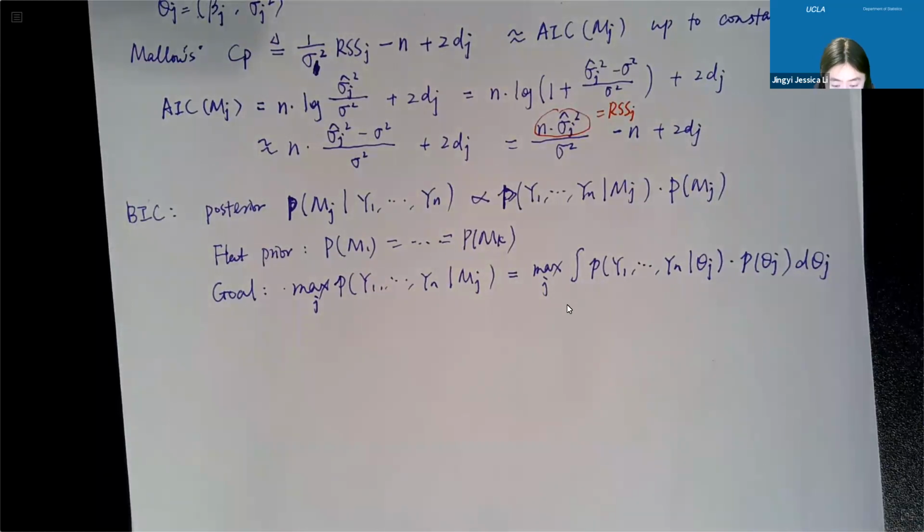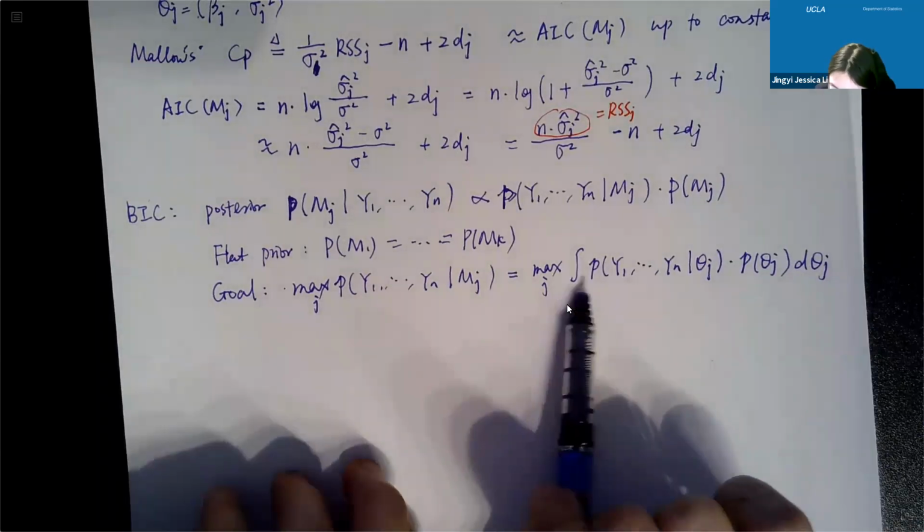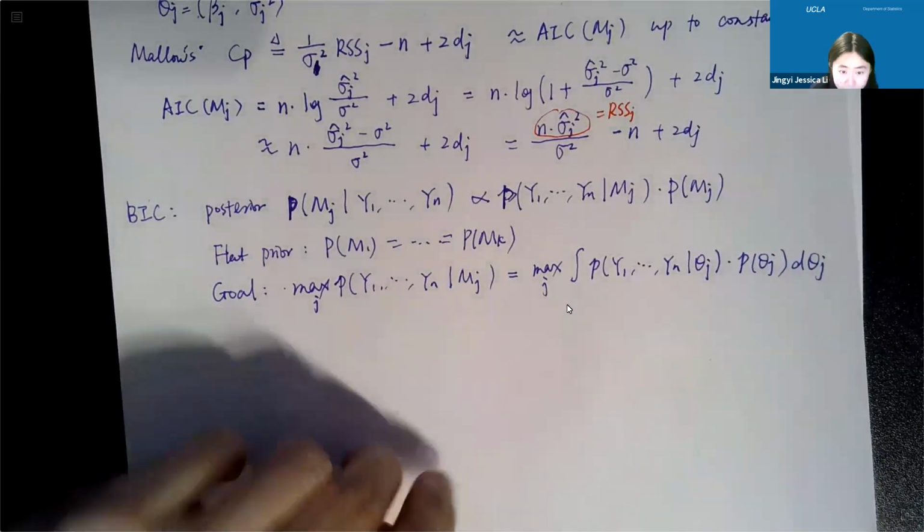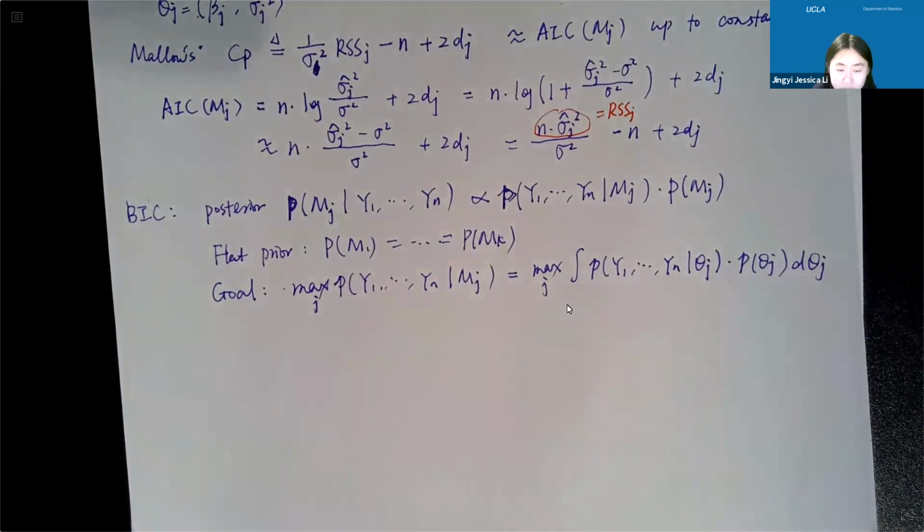But once we have that, we can see something very interesting. We are going to approximate this integration and use something we call the Laplace method. I'm not going to talk about that in detail here due to time limit, but it's in our notes. Essentially, the Laplace method tries to do a Taylor expansion inside the integration.